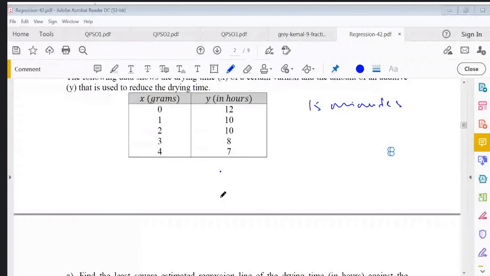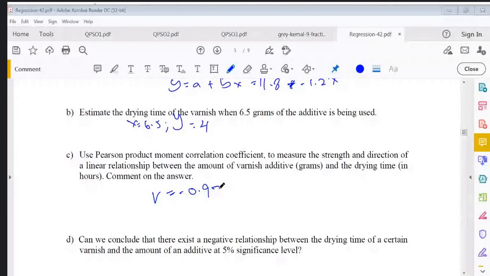Okay, the number C, what is the value R? Negative 0.7338. If you see the value is almost negative 1, we can say there is a strong negative relationship between the amount of varnish and drying time.